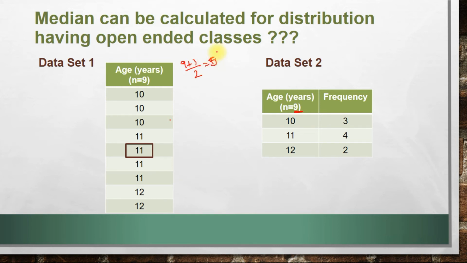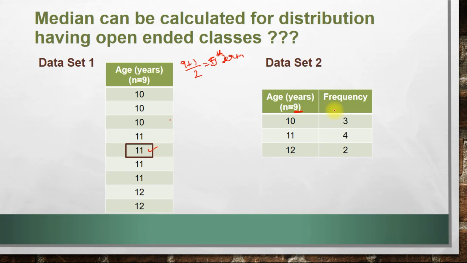The fifth term will be the median, after arranging the data into ascending order. This data is already arranged in ascending order, so we directly count the fifth term. The fifth term is 11, so 11 will be the median for data set 1.